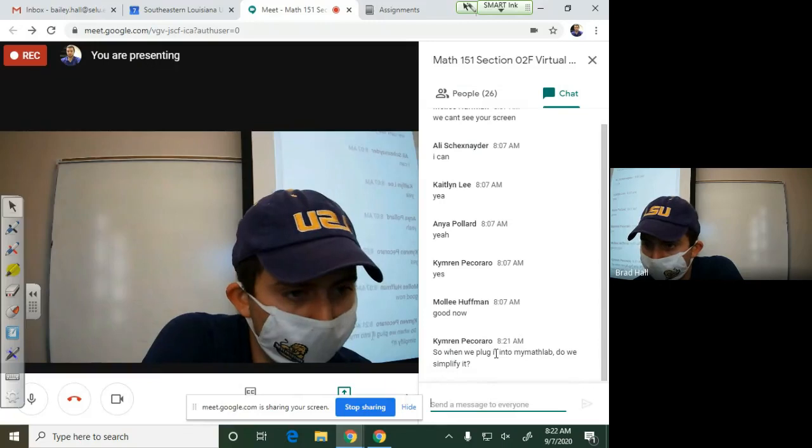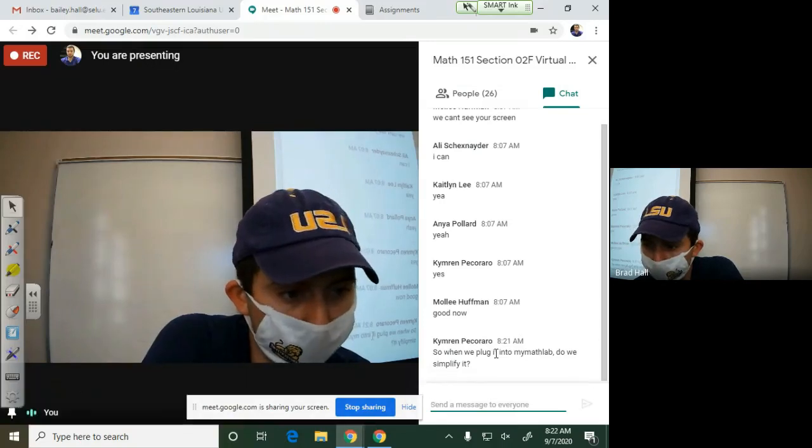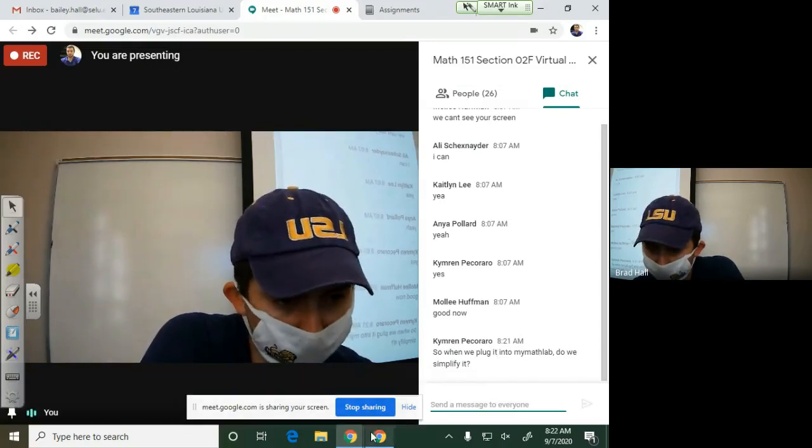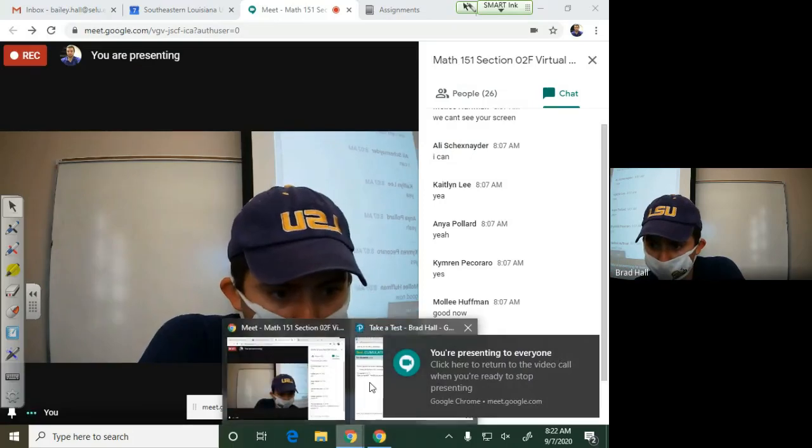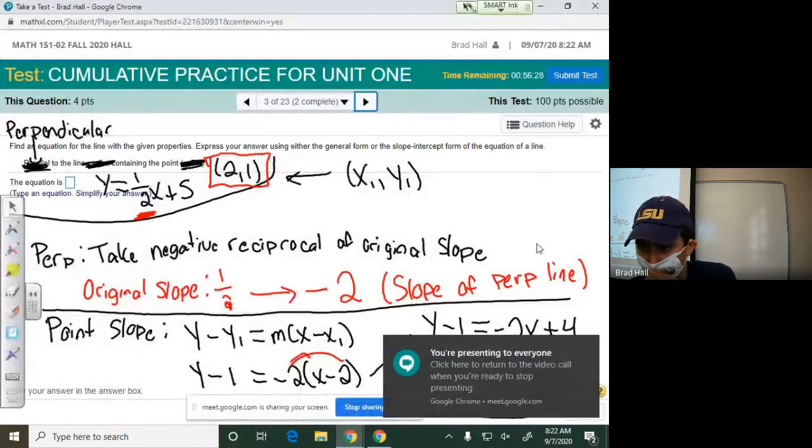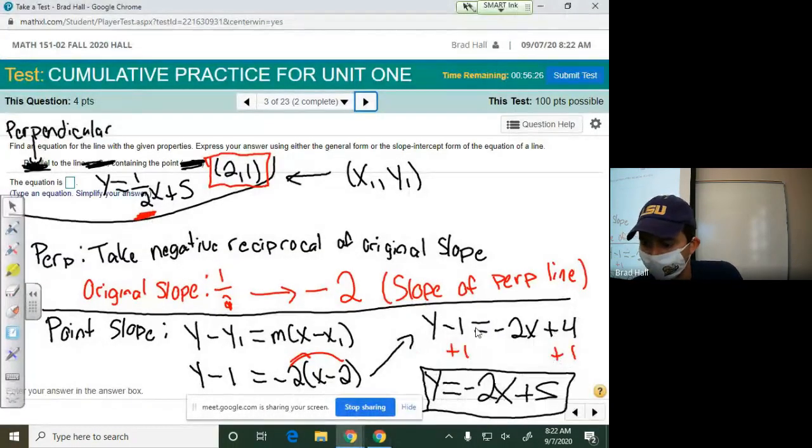So do we simplify it? Simplify in the sense of combining like terms, yes, definitely. My math lab, as you have definitely figured out by now, is very picky about simplification. If you have like terms and you put in an answer where like terms are still present, chances are my math lab will not like it.